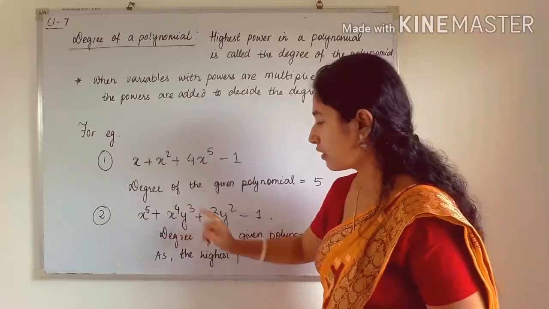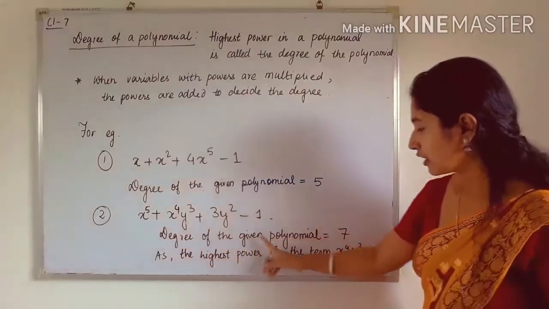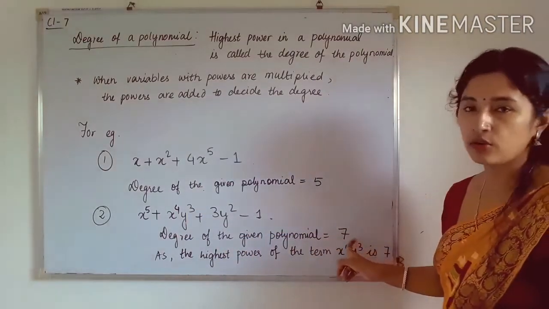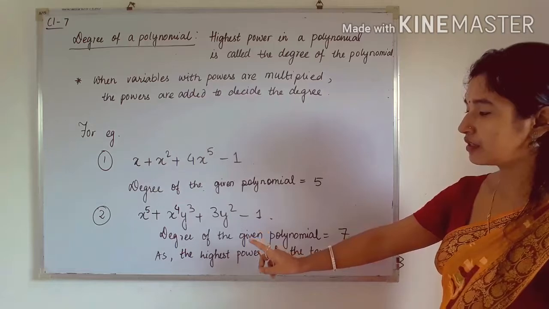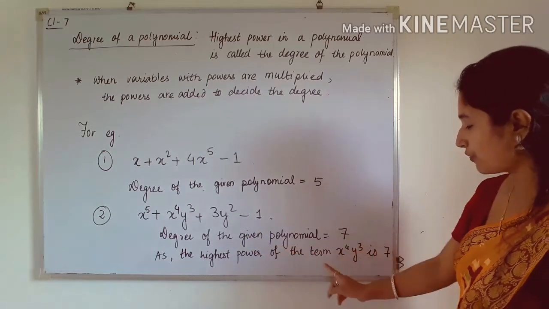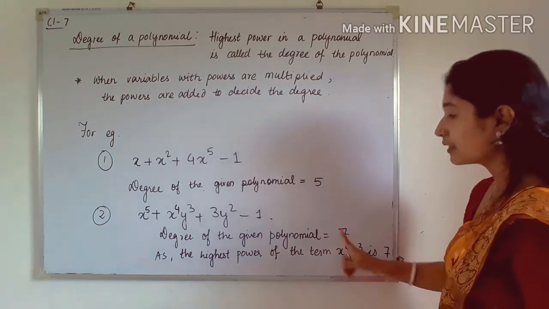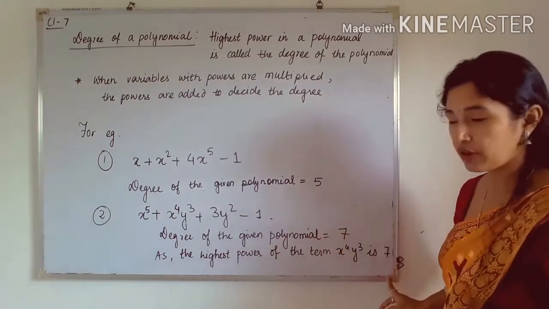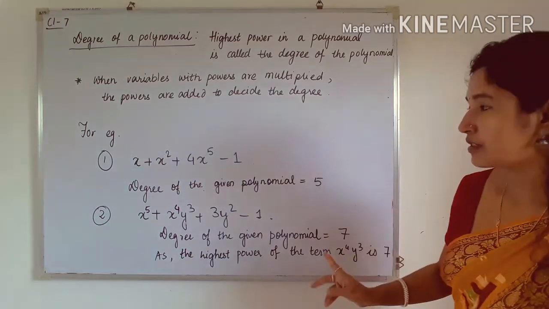So 4 plus 3 will be 7. Therefore, the degree of the given polynomial will be 7, as the highest power of the term in this given polynomial is 7. So this is about degree.